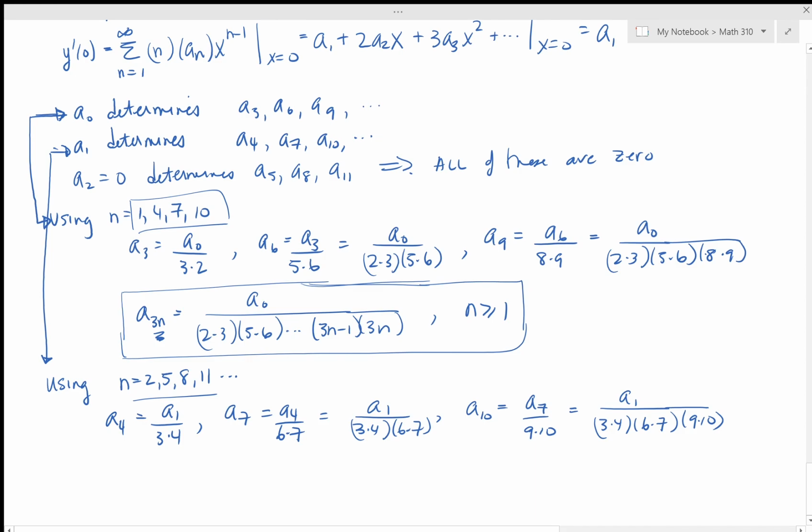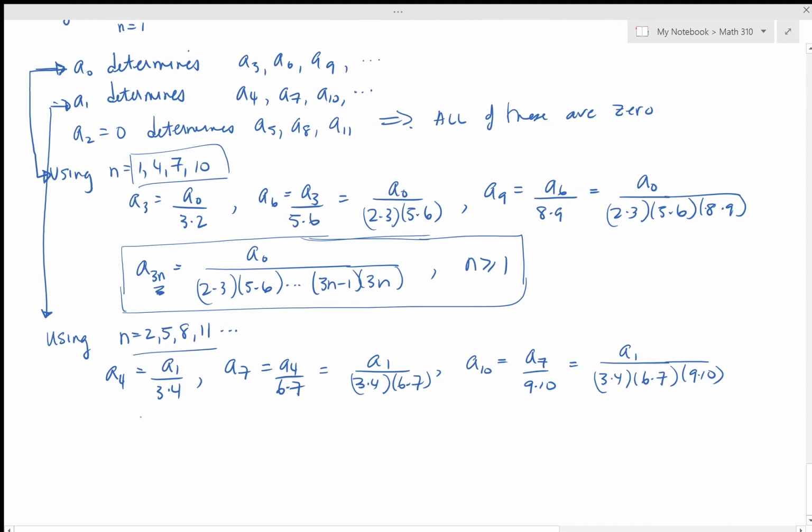Okay, I keep going, and I see the pattern in this one: 3 times 4, 6 times 7, and I would keep going up until I got to 3n plus 1. Again, here n is greater than or equal to 1.